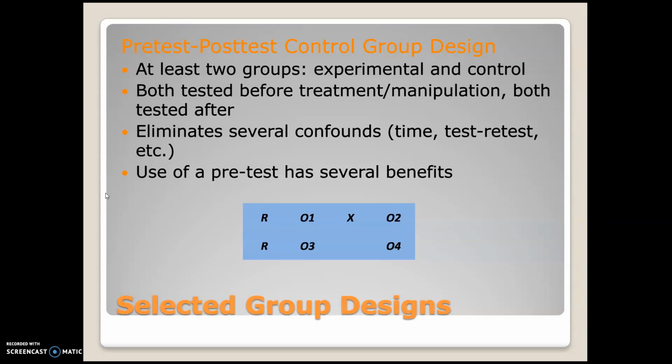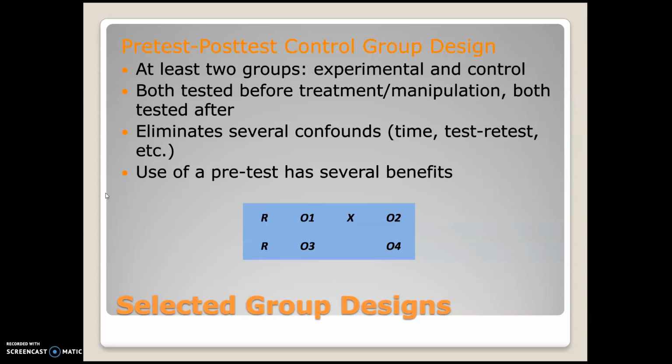R represents random assignment. In both cases, both groups are randomly assigned. O, in any case, is an observation. O1 and O3 represent the pre-test observation or measurement, however you want to describe it: pre-treatment, pre-test, pre-manipulation.